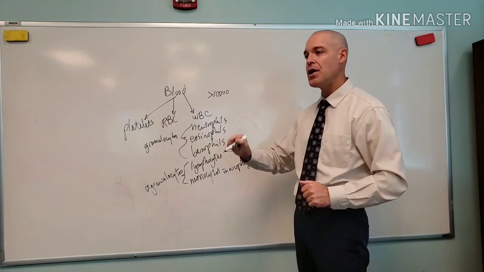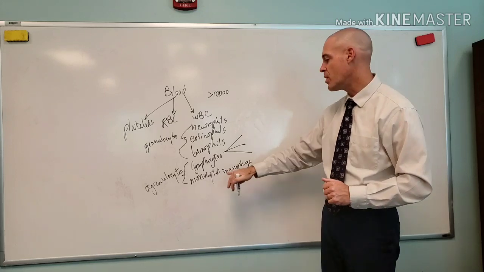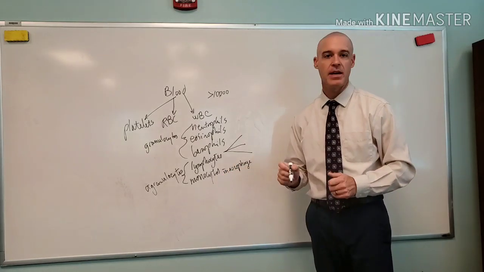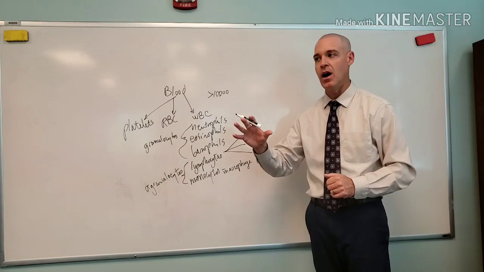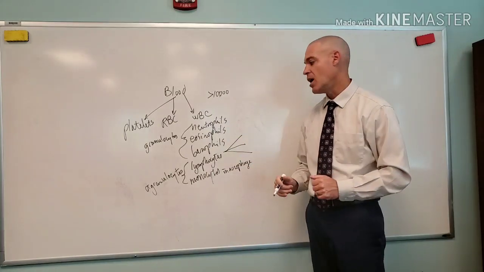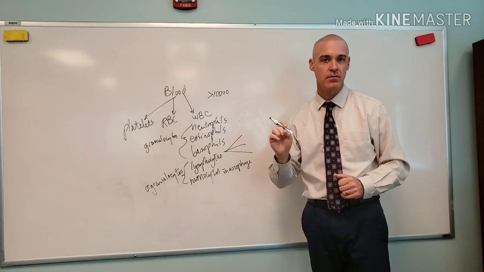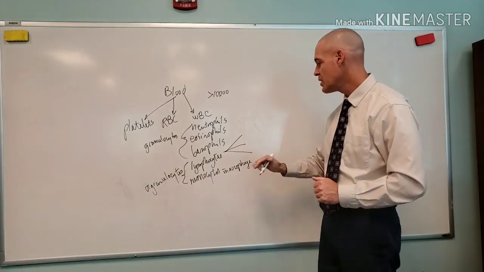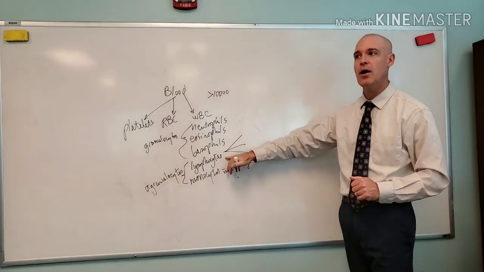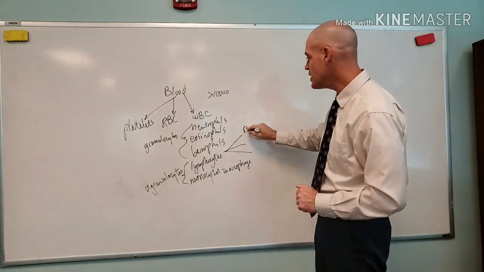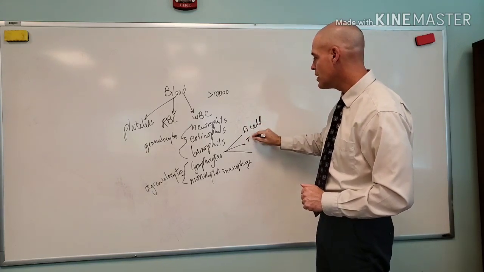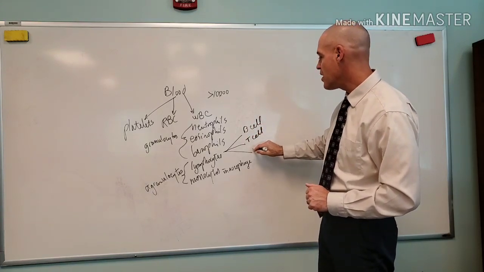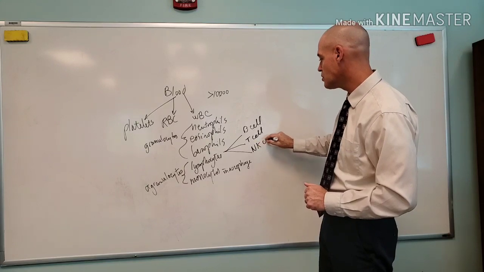So that means they're involved in phagocytosis. So what are they doing? Monocytes are basically killing foreign debris, dead cells. Phagocytosis means they're eating the dead cells. What about the lymphocytes? They have 3 subtypes. There is the B cell, there is the T cell, and there is the natural killer cell.